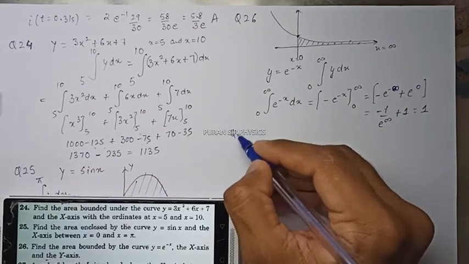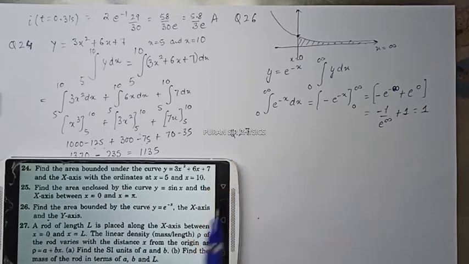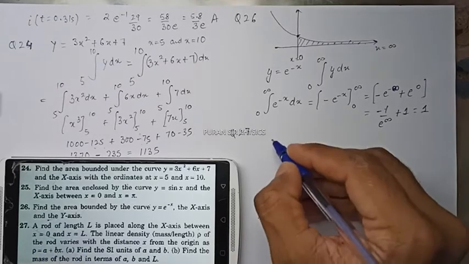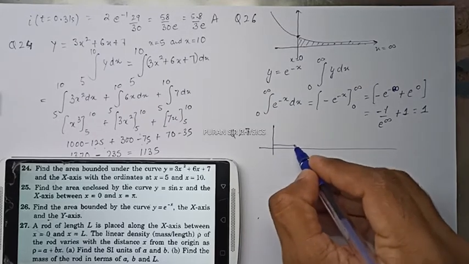In question number 27, a rod of length capital L is placed along the x-axis between x equals 0 and x equals L. So there is a rod.